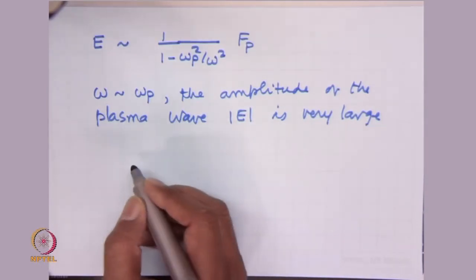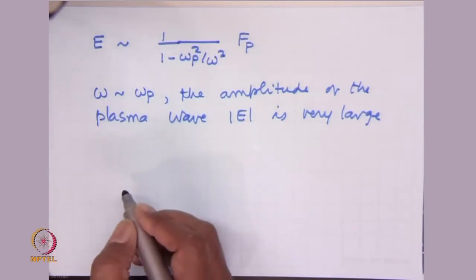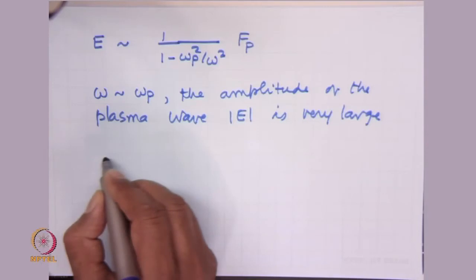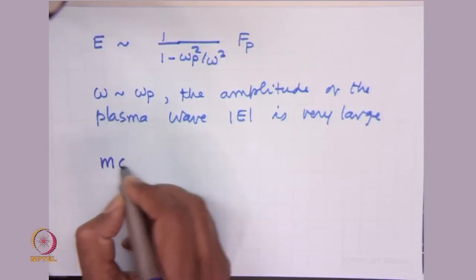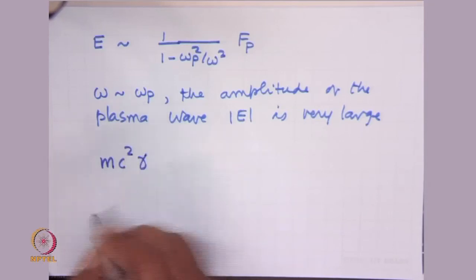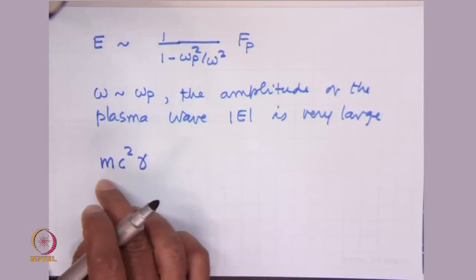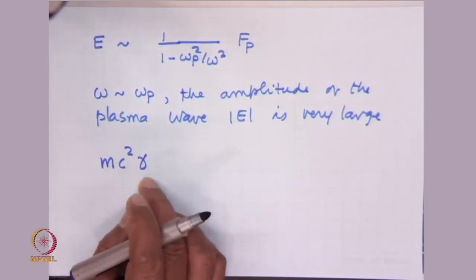Now, the issue is, how will this plasma wave accelerate electrons? That is a simple physics. You can just write down the equation of motion, well, in the form of energy equation for electron. mc square gamma is the energy of an electron moving with the relativistic velocity. Gamma is the Lorentz factor.